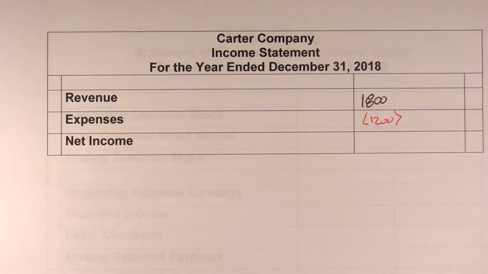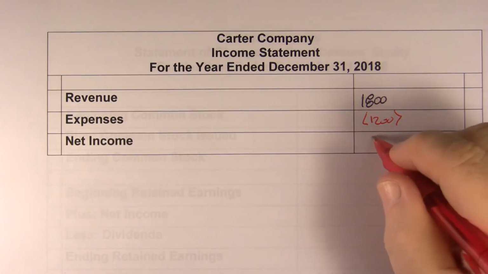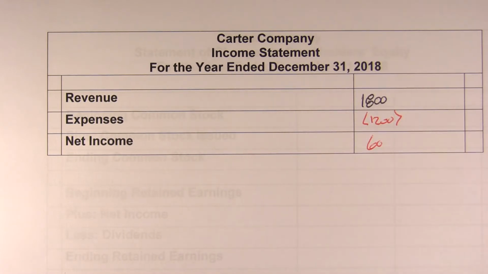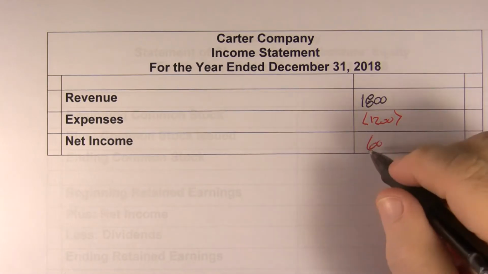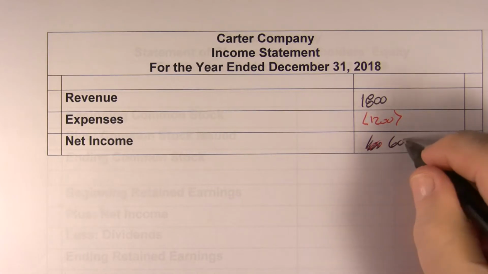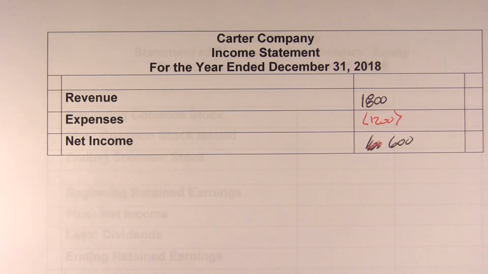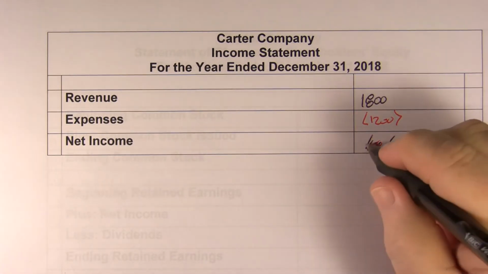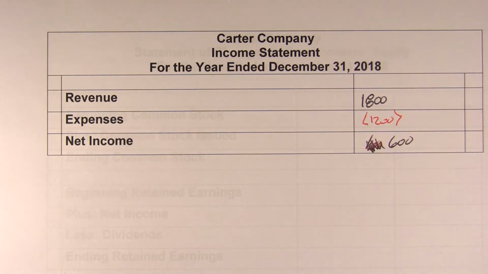So our net income for the period, it should be black or green, $600.